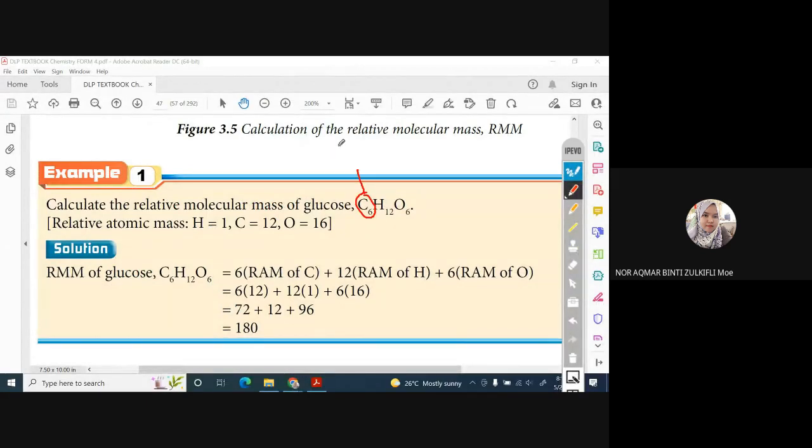Carbon, we have 6 carbon. H12 means we have 12 hydrogen. O6 means we have 6 oxygen.